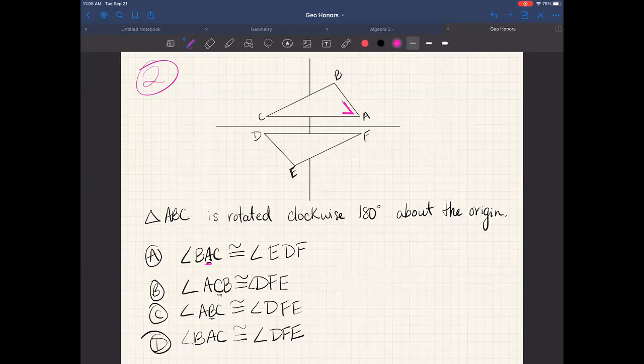And Gabe, if you're wondering, incorrect. Take your time, look at the angles, match them to each other on both of the triangles.